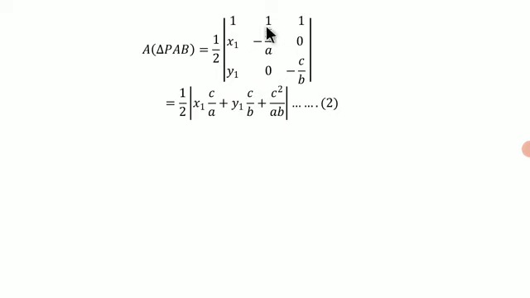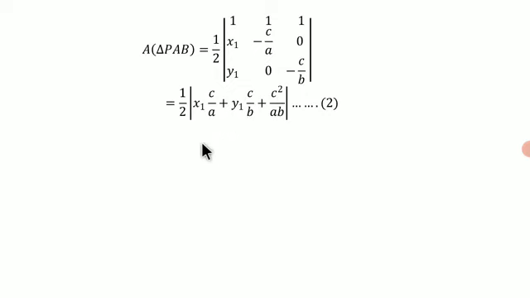After solving this determinant, we get 1 upon 2 into x1 multiplied by c upon a plus y1 multiplied by c upon b plus c square upon ab. We call this as relation number 2.